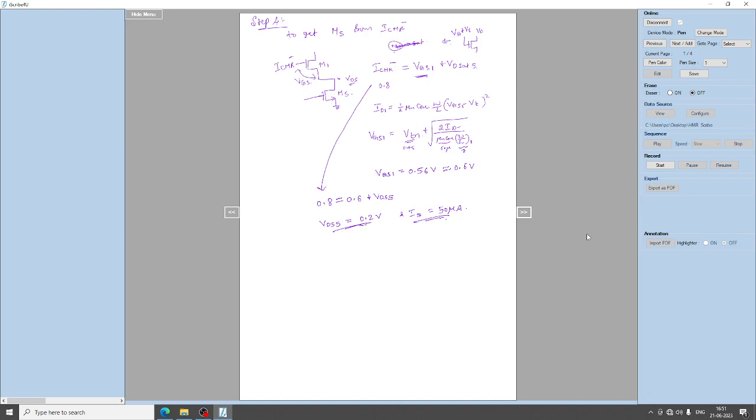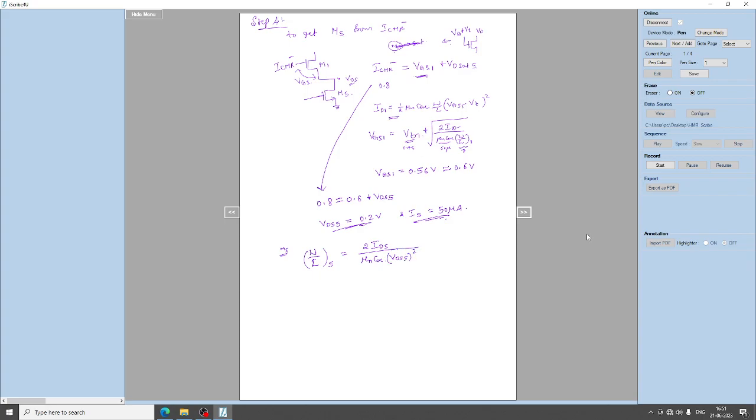Using the current equation for the transistor M5 and rearranging it, you can find out W by L of M5 to be 2ID5 divided by mu n COX VDS of 5 whole square.